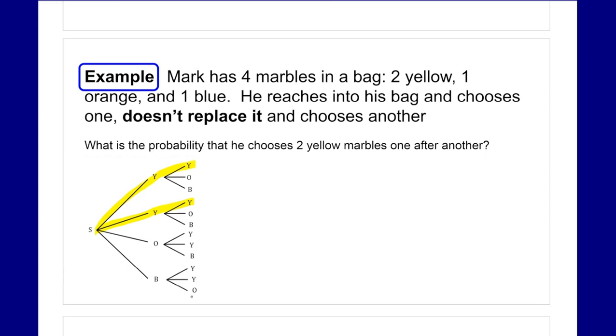So again, there are not 16 total pathways now. There's 1, 2, 3, 4, 5, 6. There are 12 total. And there are 2 pathways, so the probability of a yellow and a yellow is now 2 out of 12, or 1 out of 6, or 0.17 or 17%.